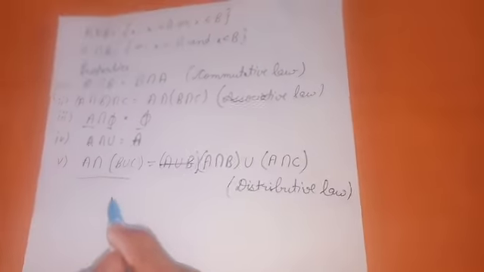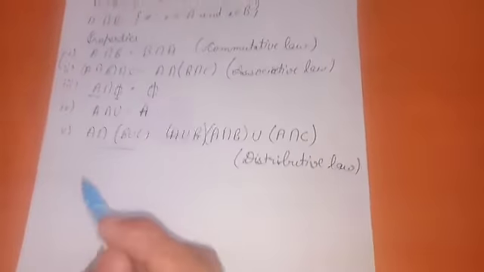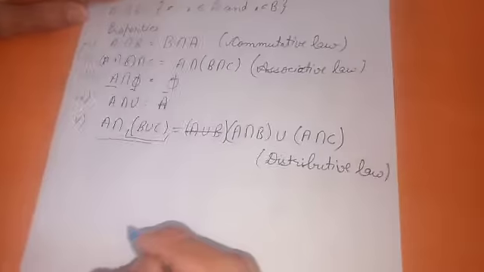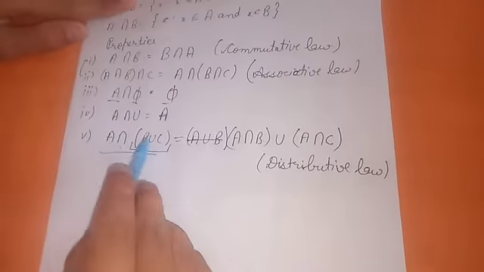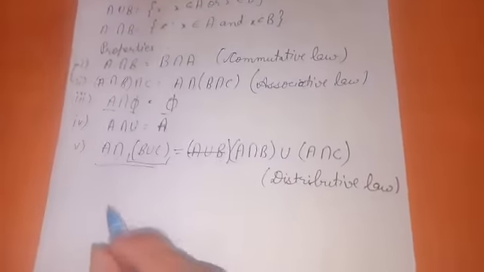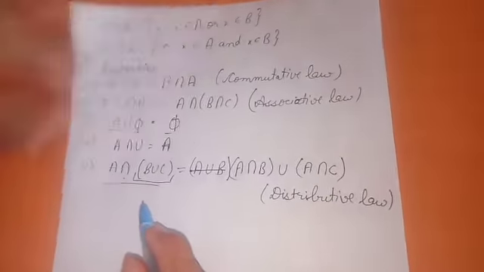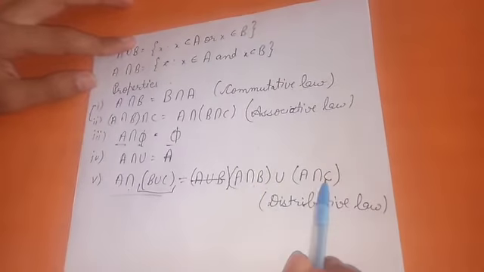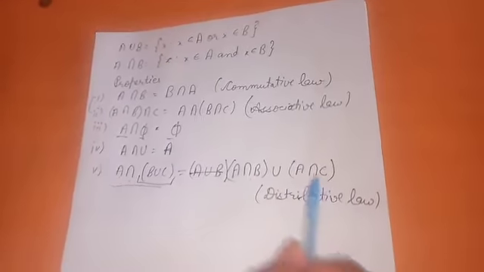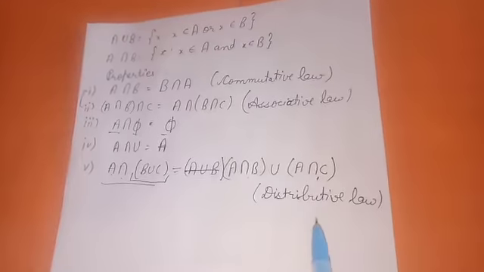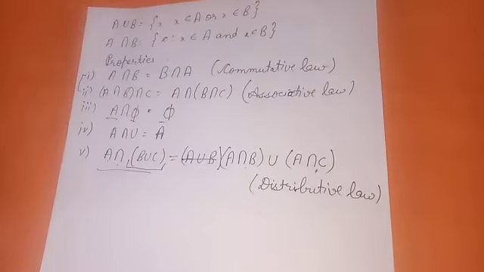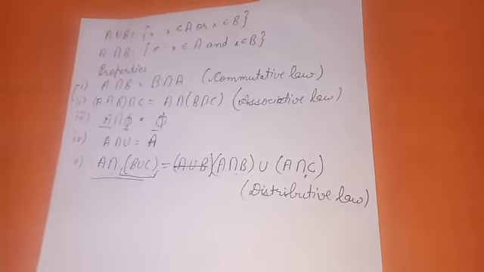In the first figure they have shown B union C. In the second, A intersection with B union C. We got a specific area. Similarly, first they did A intersection B, then A intersection C, and then combined them. And the area that was shaded is the same in both.